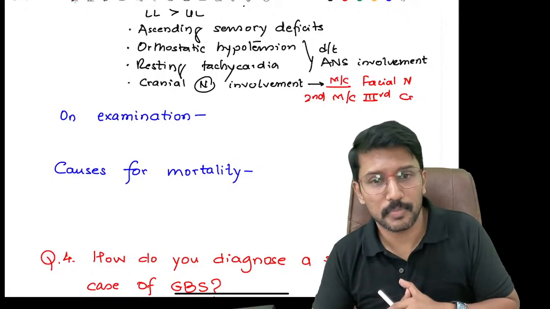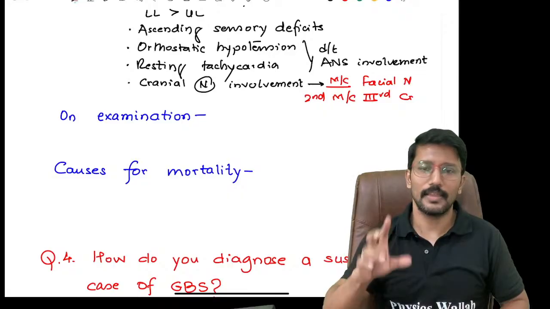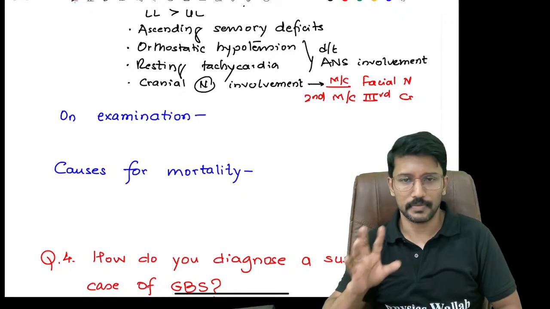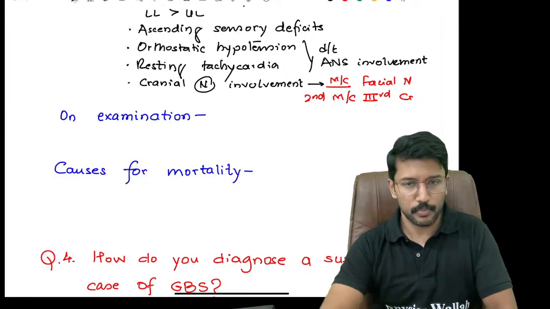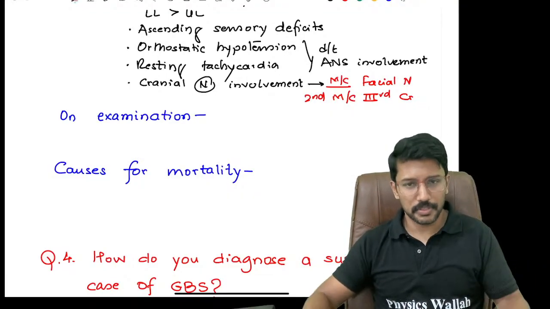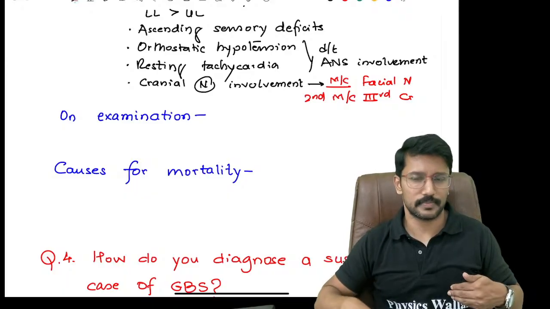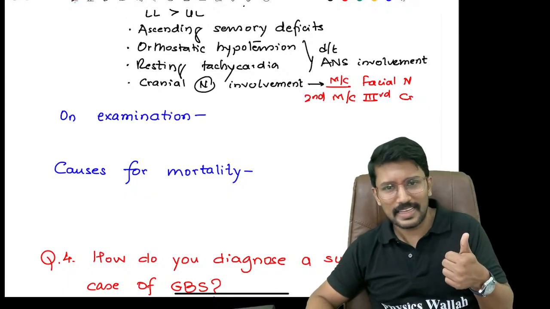Now when I examine these patients, you should tell me what is the most important differential diagnosis. Think of an individual who had dysentery and after that has developed rapidly progressing ascending paralysis. You are seeing a patient who predominantly has lower limb weakness. It started in the lower limb and is progressing upwards. Can I call it paraplegia?